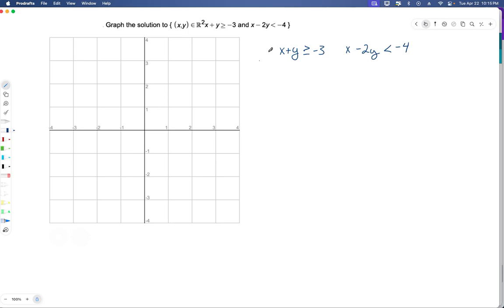So we're just going to graph this line. We're going to subtract x from both sides. So y is greater than or equal to -x minus 3. This is the first line you're going to graph.